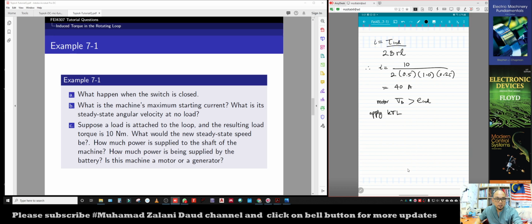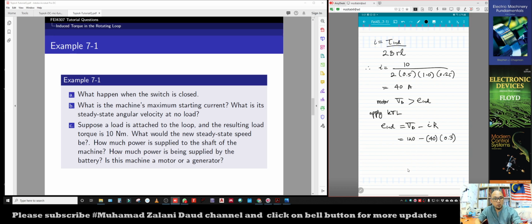You know that in this situation, VB is larger than induced voltage. So we can use this equation, VB minus IR. Now we know VB is 120, and the current is 40, and R is 0.3.